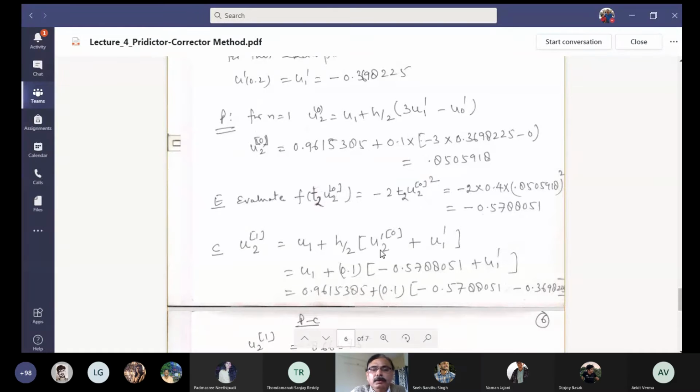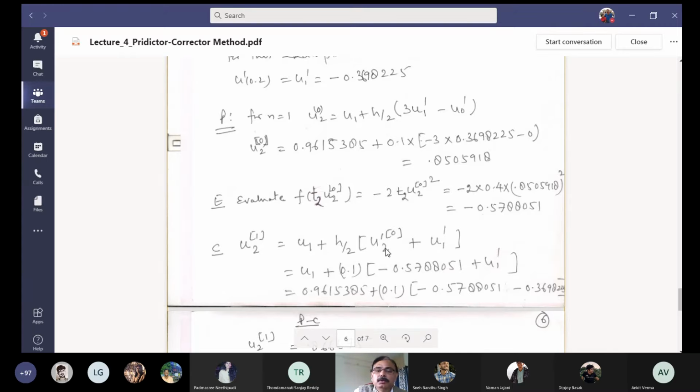But for the u2 value we will take u2 0, so it will be u2 prime 0. That we have already got using the predictor method. Is that clear? Yes.